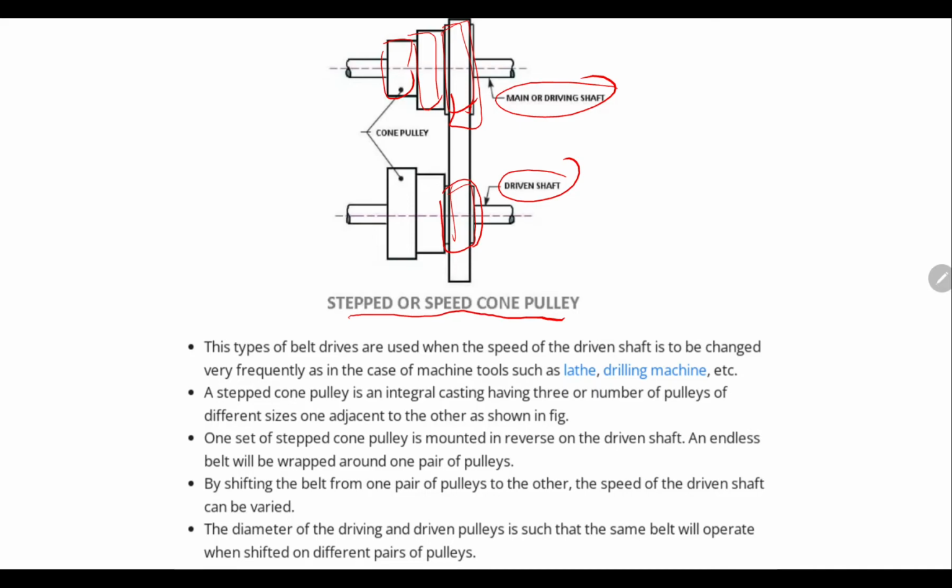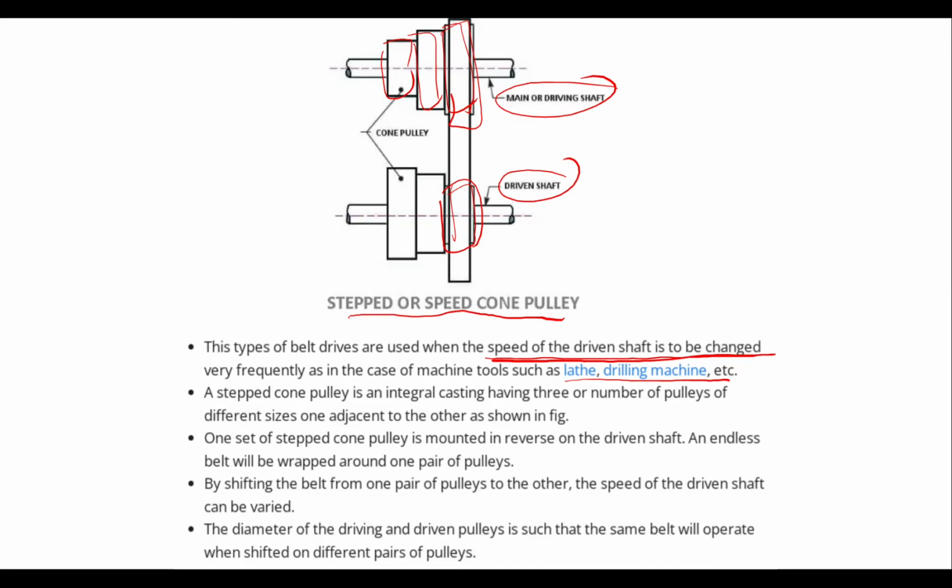This type of belt drive is used when the speed of the driven shaft is to be changed. Because of this arrangement, we will get a different speed. As in case of lathe machine, drilling machine, we require different speeds. So that's why we can use such type of stepped or speed cone pulley drive.